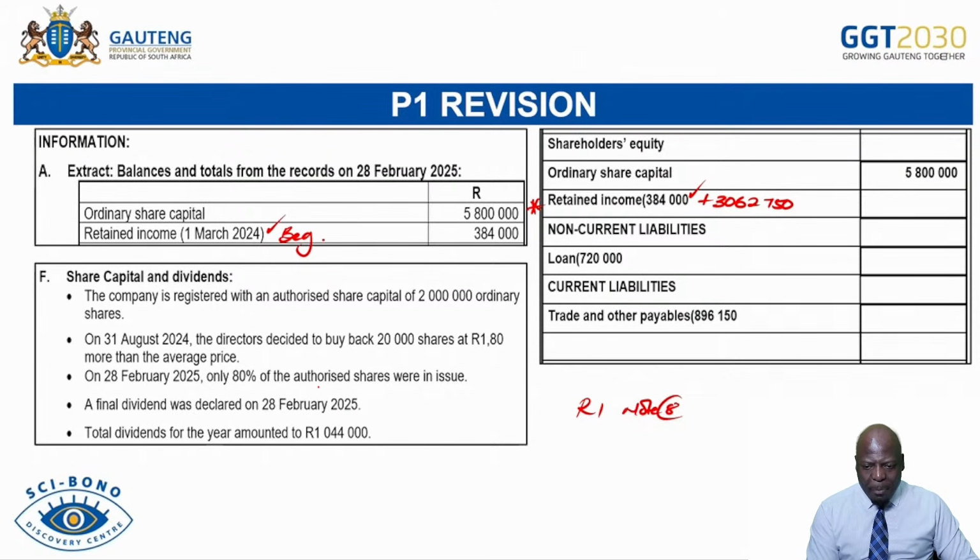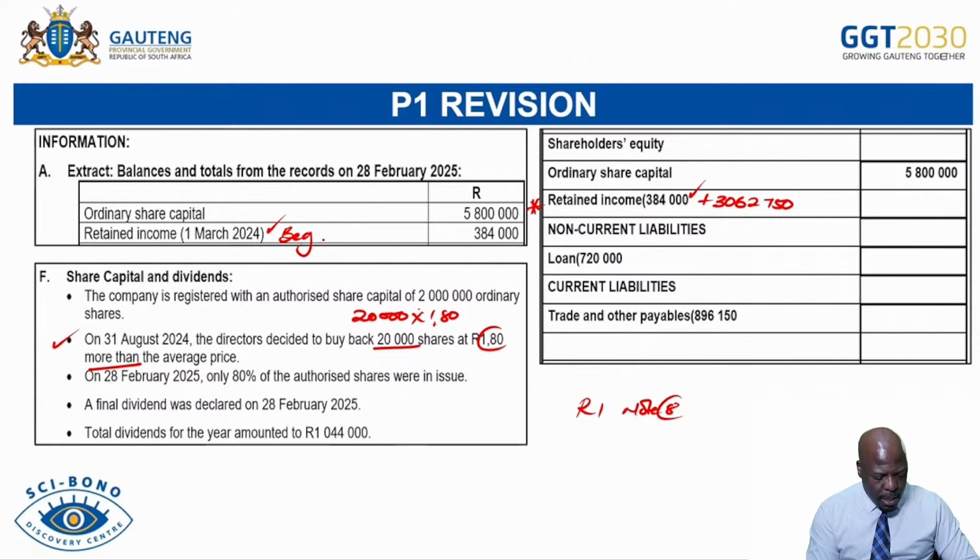Then the next thing you bring is the repurchase of shares. On 31 August, the directors decided to buy back 20,000 shares at 1 rand 80 above. So 20,000 times 1 rand 80.